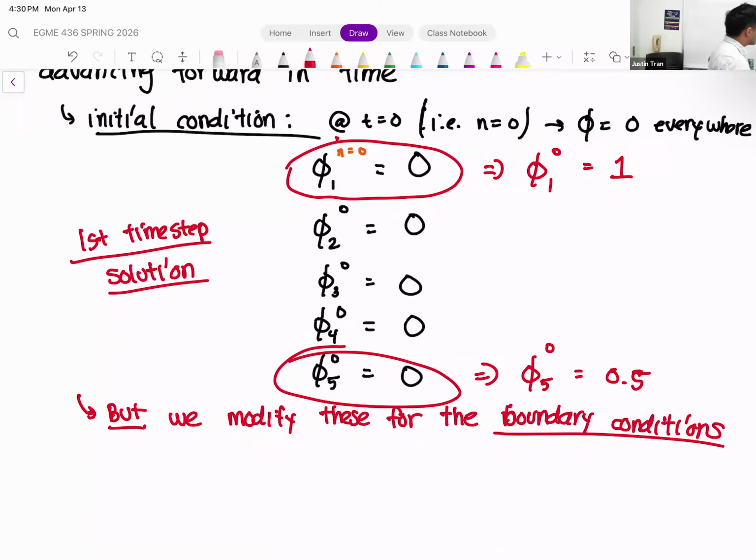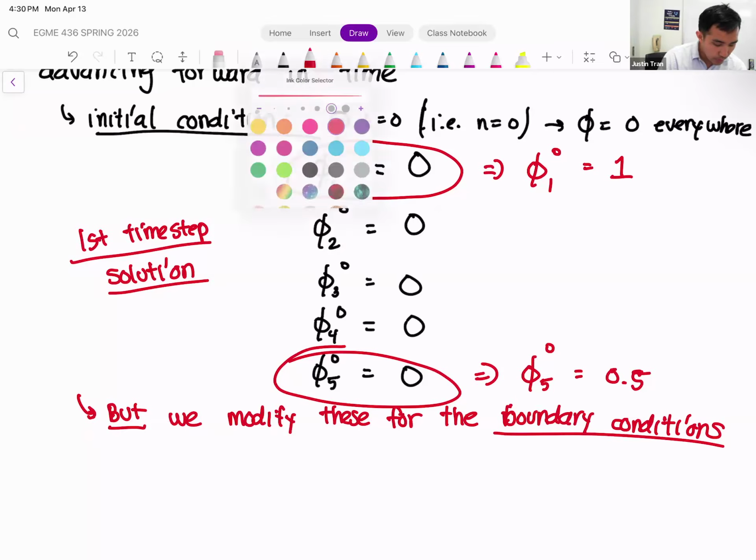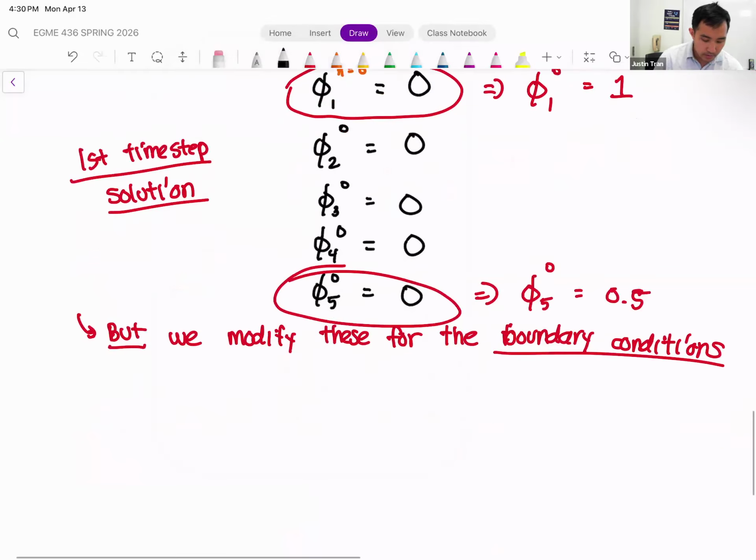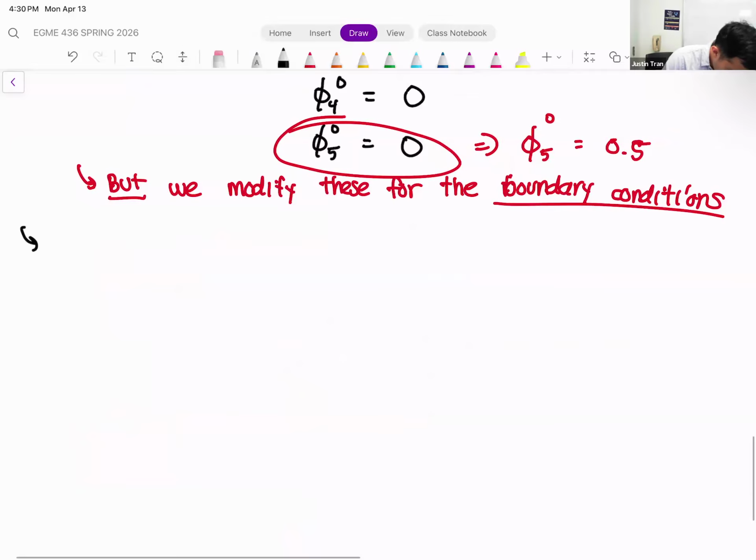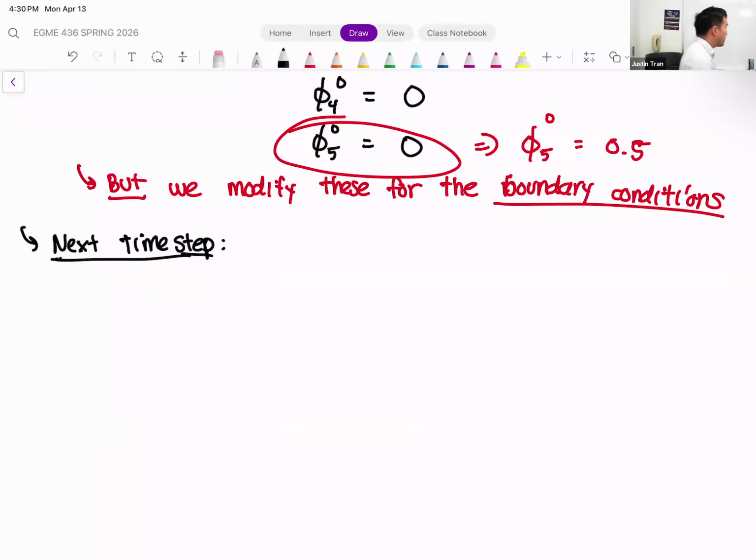All right, any other questions on this time step result here? Okay, all right, so let's do the next time step. All right, so we need to do 3 of these. That's what the problem is telling us. Okay, so for the next time step and beyond, it's kind of the same operation.